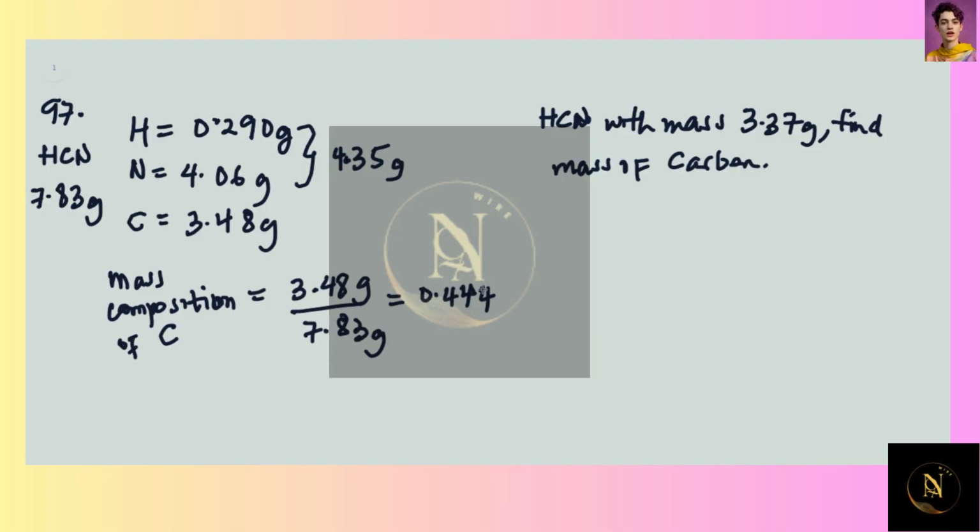Right? So now that we know the mass composition of carbon in this hydrogen cyanide, we can use that mass composition and supply that mass of this hydrogen cyanide in order to get what the mass of carbon is.